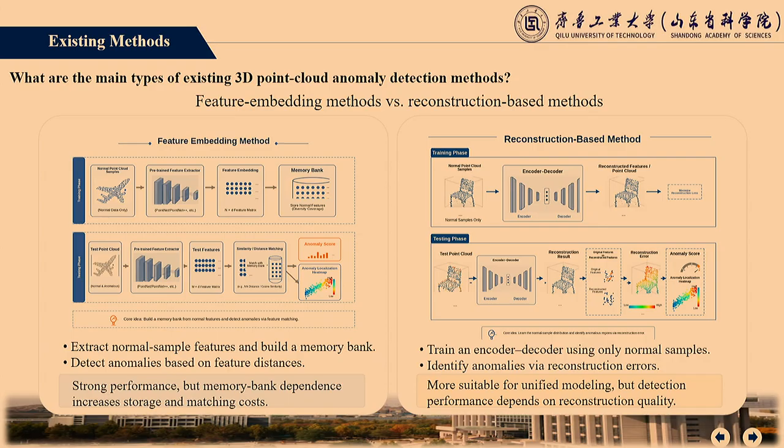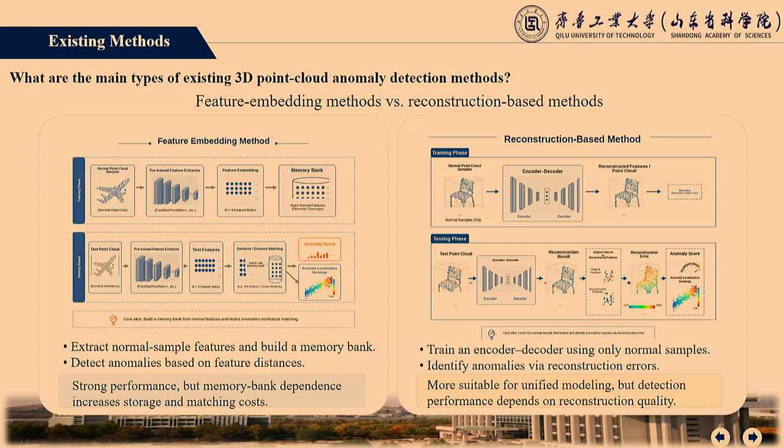During testing, anomalies are detected by measuring the distance between the test sample's features and the normal features. These methods usually achieve strong detection performance, but they rely heavily on the memory bank, which brings additional storage and matching costs.